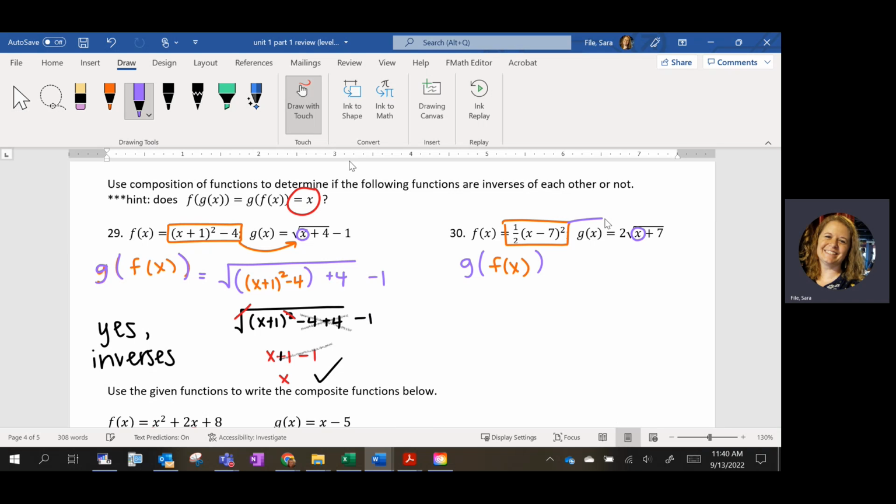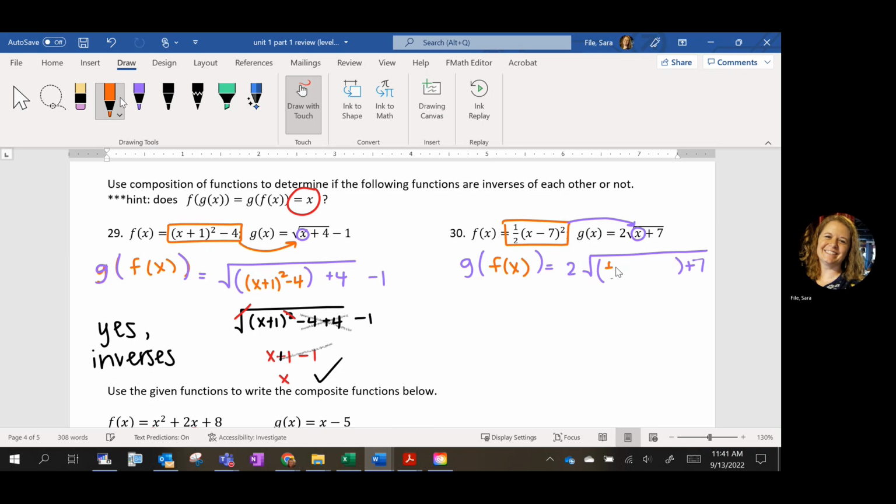That's the substitution we're going to make. Okay, so this is going to be 2 times the square root of that plus 7. So that is 1/2 x minus 7 squared.